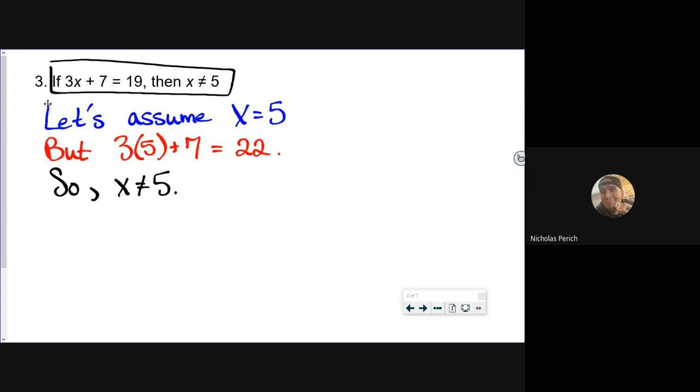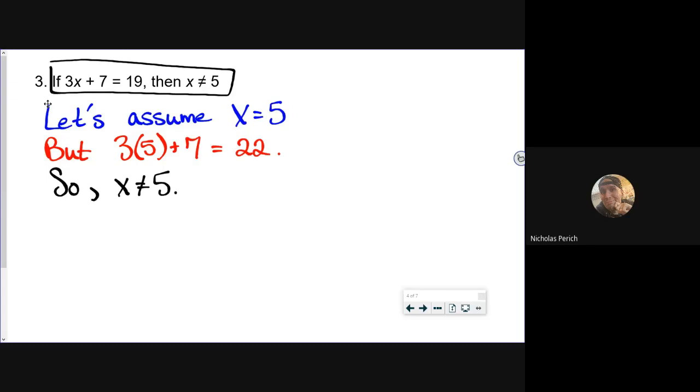Now, Paul did it differently. The way I would have done it, I would have solved the equation and got 4, and 4 is not 5. Whenever it says prove, you're supposed to pretend that there's somebody in the back of the room telling you the opposite.